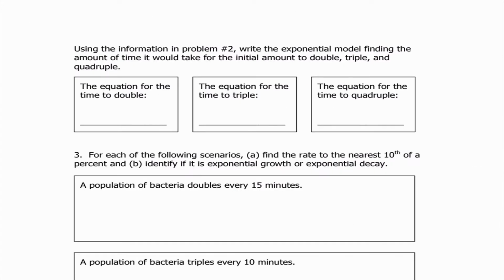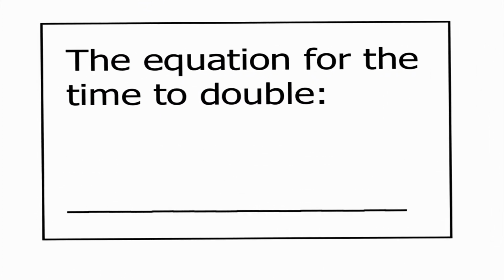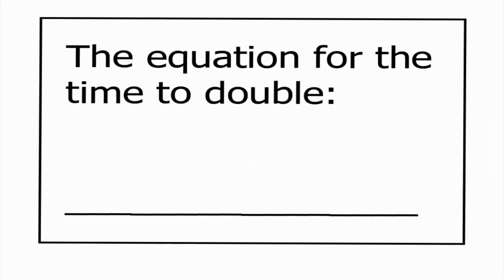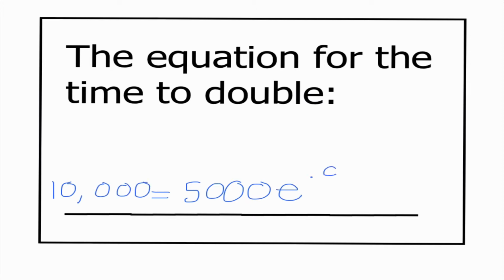So now we're going to use that information in problem number 2 and write the exponential model, finding the amount of time it would take for the initial amount to double, triple, and quadruple. And I'm hoping that somehow we find some sort of pattern here. So we know that our initial amount was $5,000. If it was doubling, that would make our amount $10,000. Our rate was 0.021. And in this case, we don't know the time because that was our unknown value here.